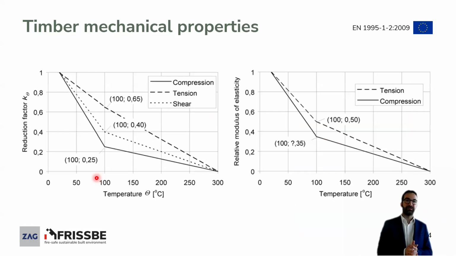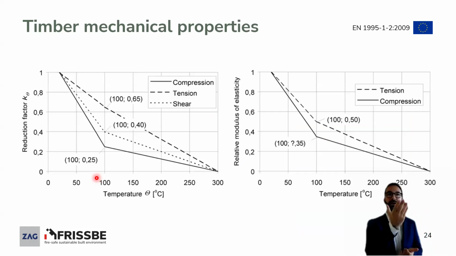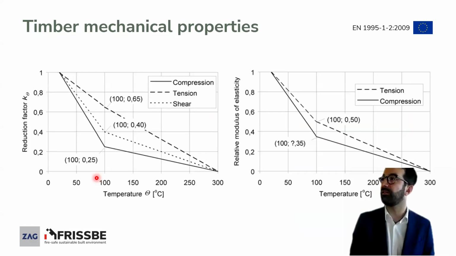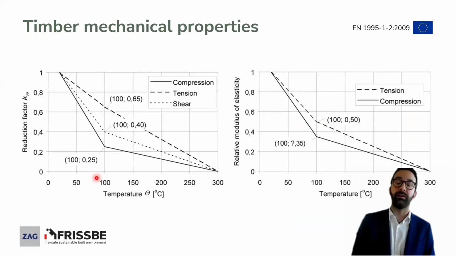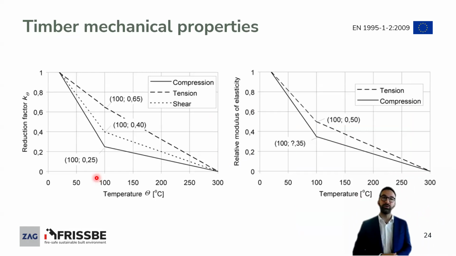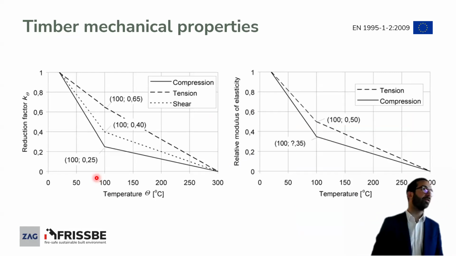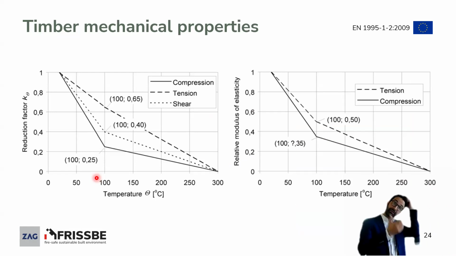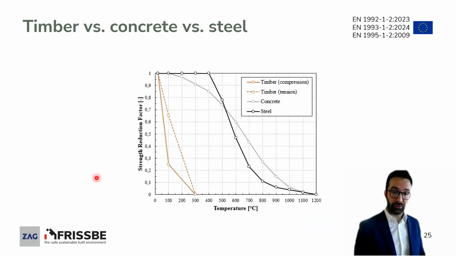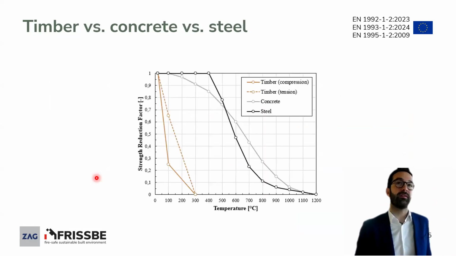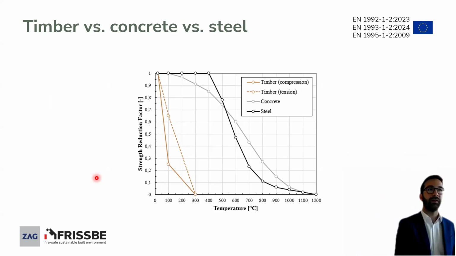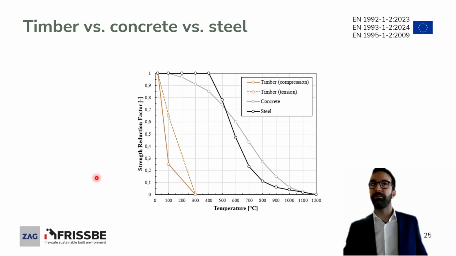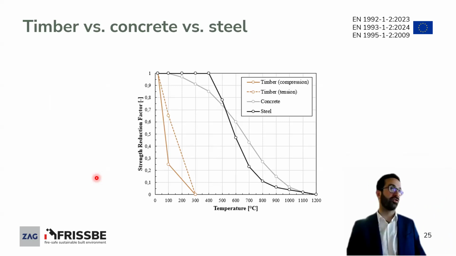Why is this relevant for timber structures? Because, as we discussed, we usually assume 300 degrees as the temperature for wood to char. But this means that between ambient temperature and 300, we have a big drop in the mechanical properties of wood. And this is particularly relevant because if we compare to other materials, which would possibly experience the same behavior, you see that for wood this drop of mechanical properties is much sharper.